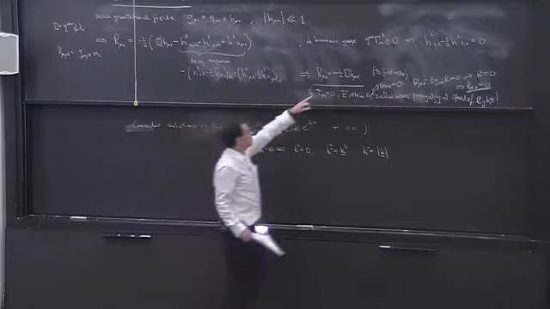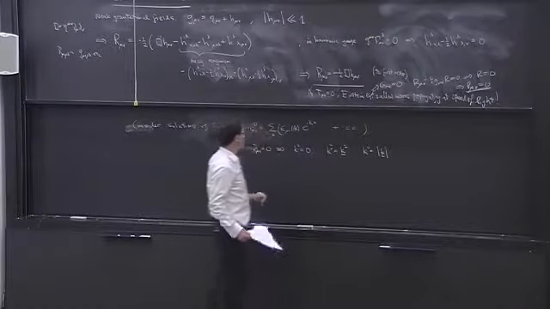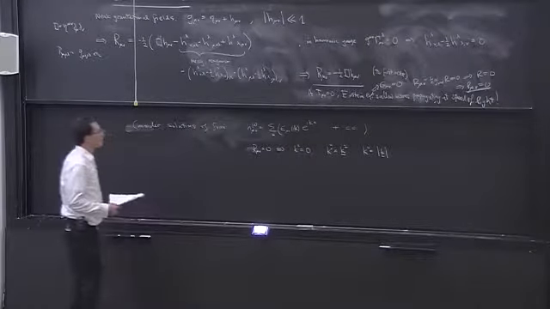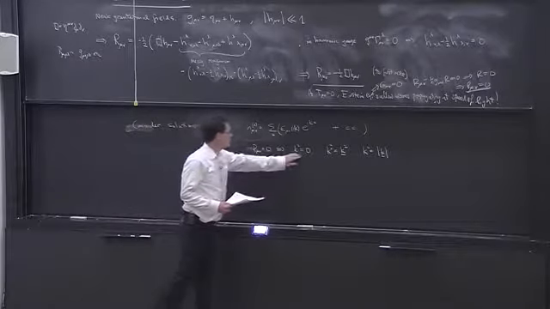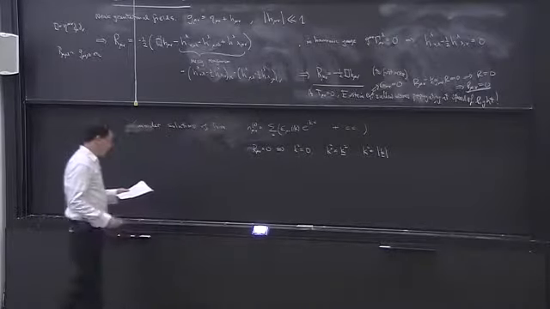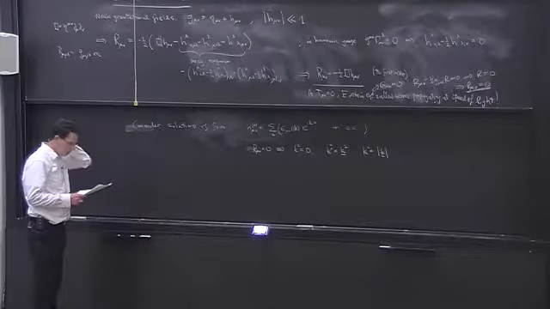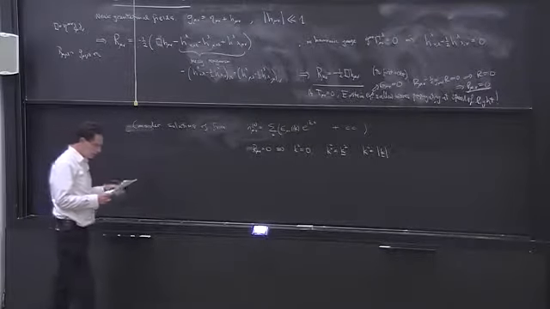And to first order in h, that's just box h_{μν} equals 0. And the box is the flat space box. And so the solutions all have k² equals 0.